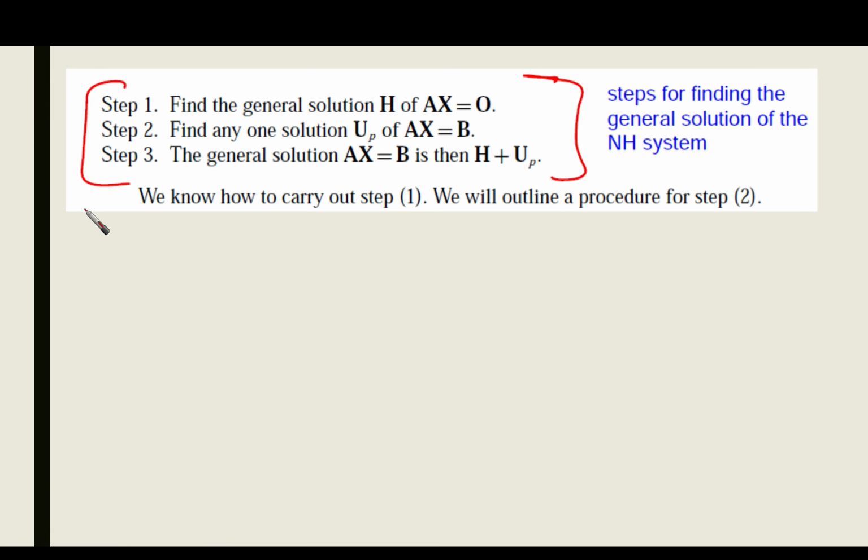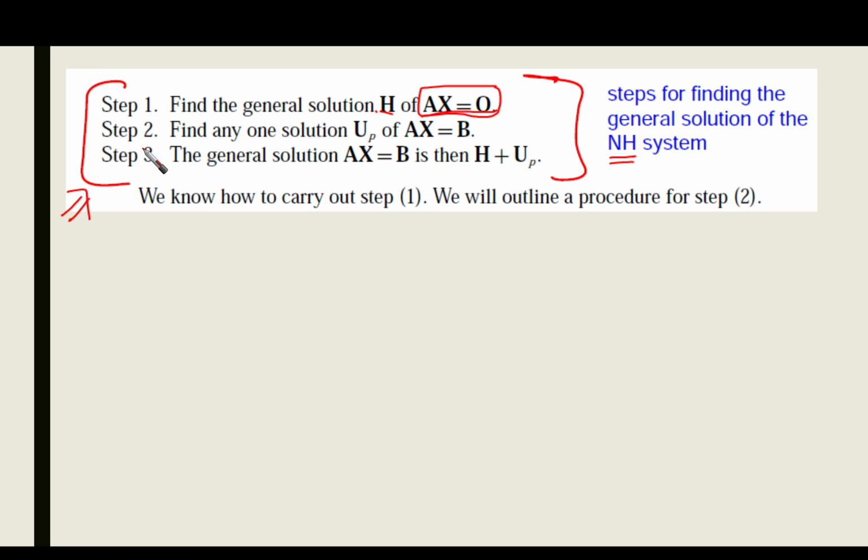We have 3 steps for finding the general solution of the non-homogeneous system. The first one is to find the general solution H of AX equal 0, which we call the associated homogeneous equation.